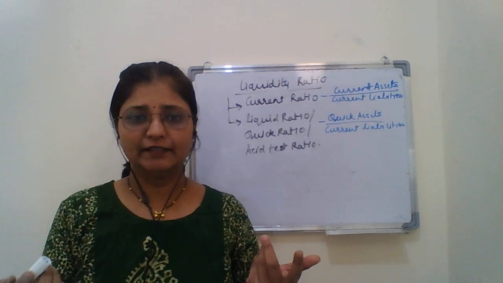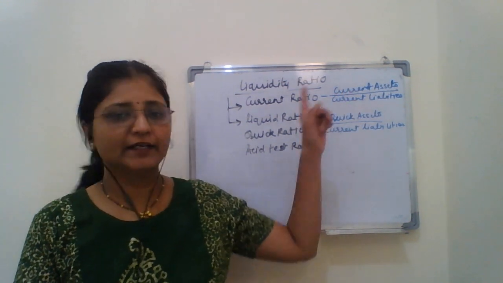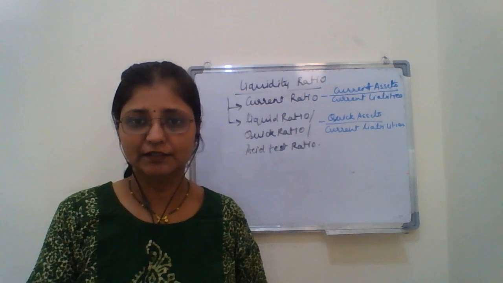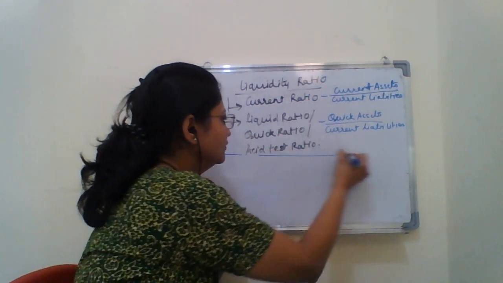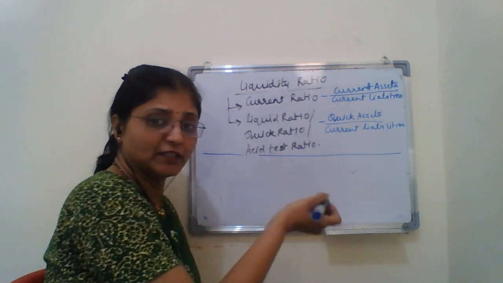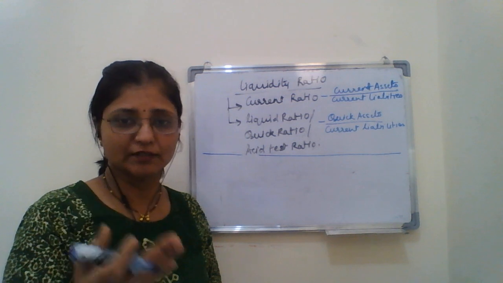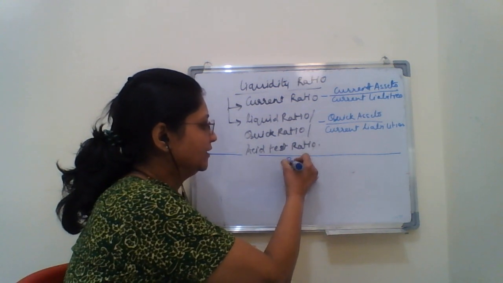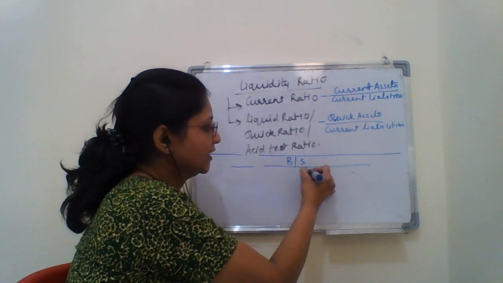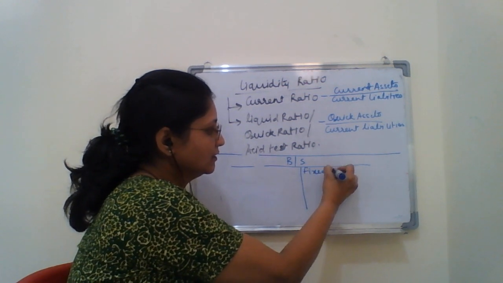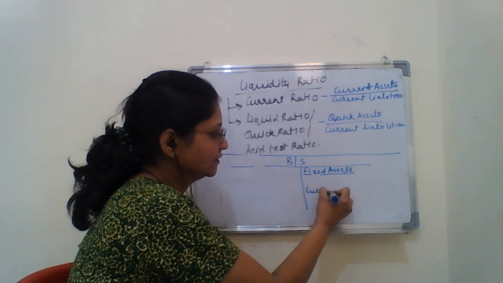If nothing is mentioned, then the operating cycle will be taken as 12 months. So for calculating this ratio, we need current assets as the numerator and current liabilities as the denominator. If you remember the balance sheet we learned in 11th, where we had only sole proprietorship, it had fixed assets and current assets.